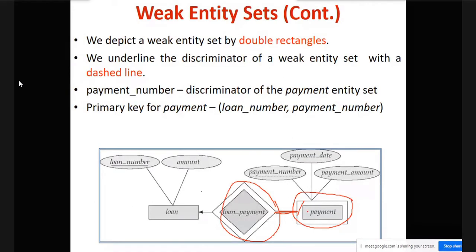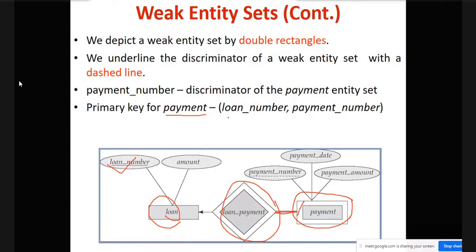So the weak entity primary key, that is the primary key for the payment entity, is nothing but the primary key of the identifying entity set on which this entity is dependent. That is connected via this relationship, that is loan. Loan is a strong entity identifying my payment relation. What is the primary key of loan? That is the loan number.